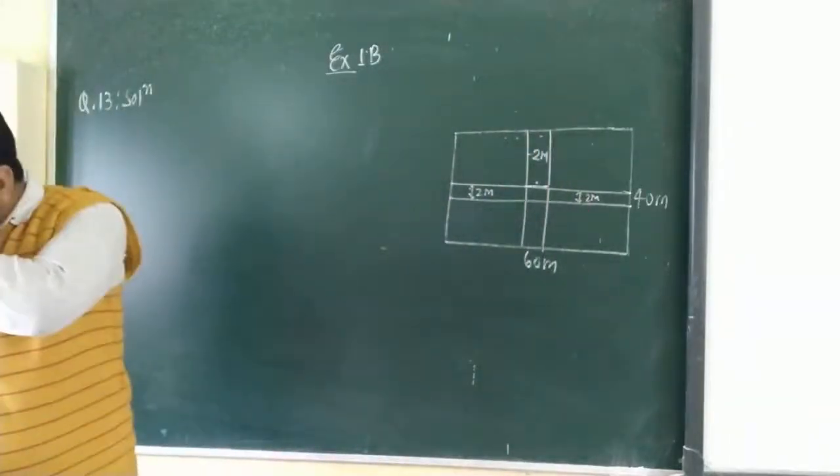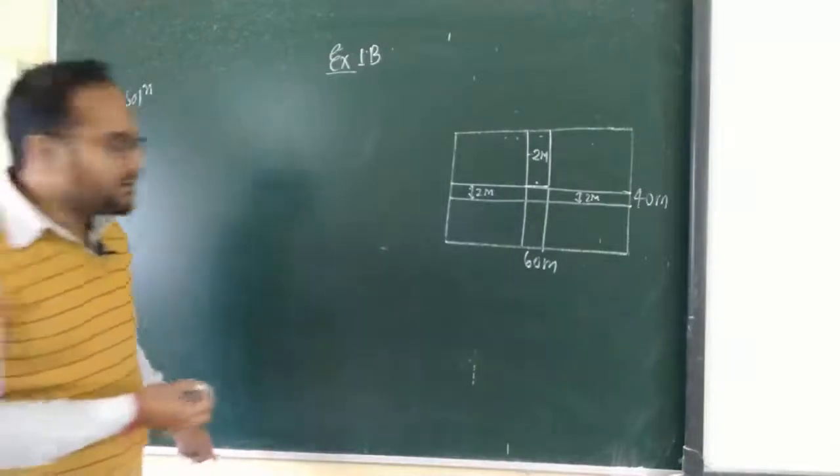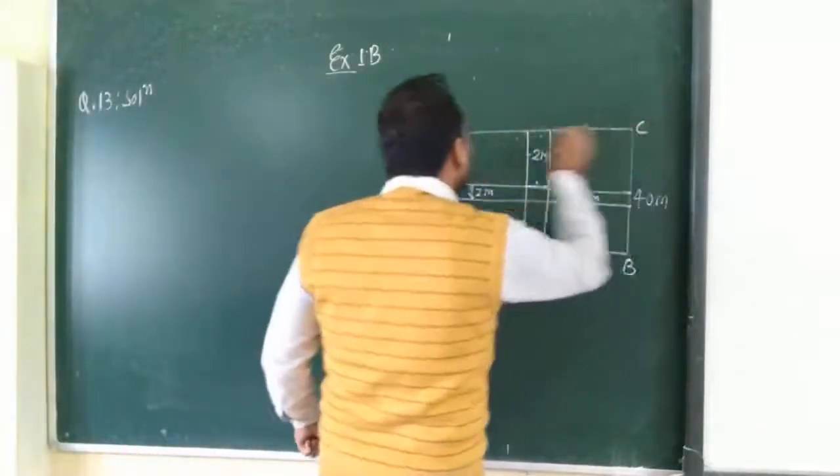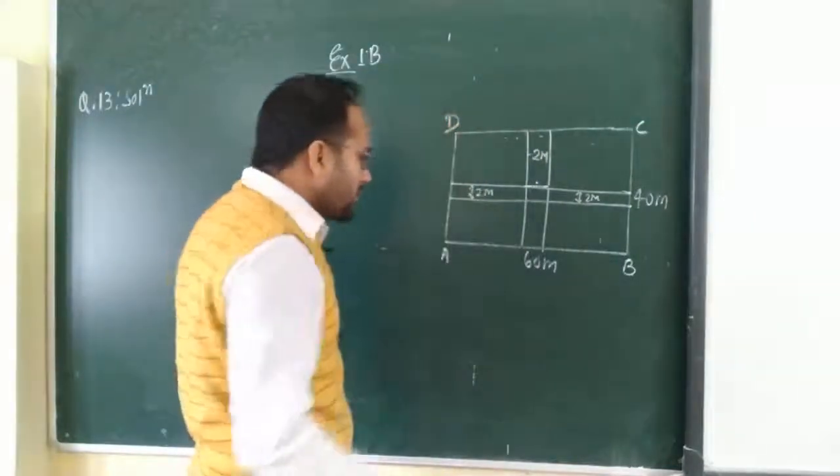So I am going to write first the names. A, B, C, D is a rectangular garden.